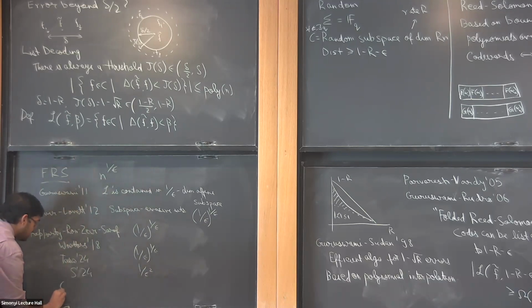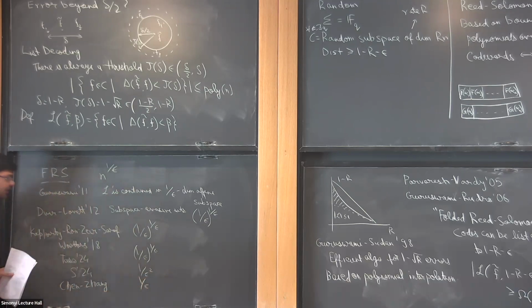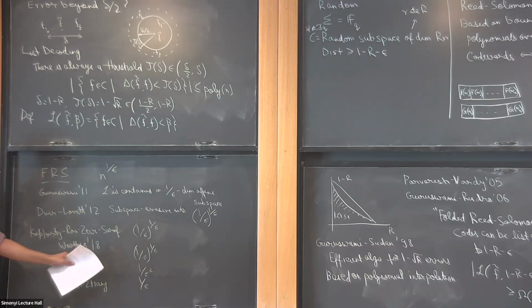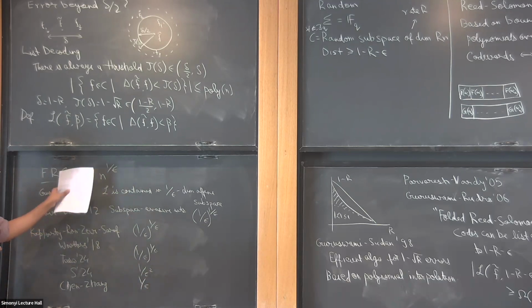And then finally, recently, a few months ago, Chen and Zhang were able to get the perfect 1 over epsilon result. So all of these rely on the fact that the list is contained in the 1 over epsilon dimensional affine subspace, which is an argument coming from polynomial interpolation, etc.